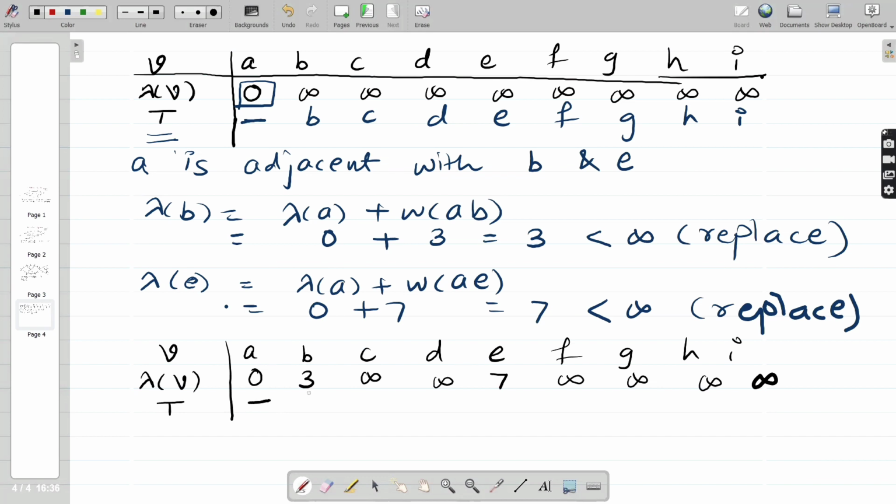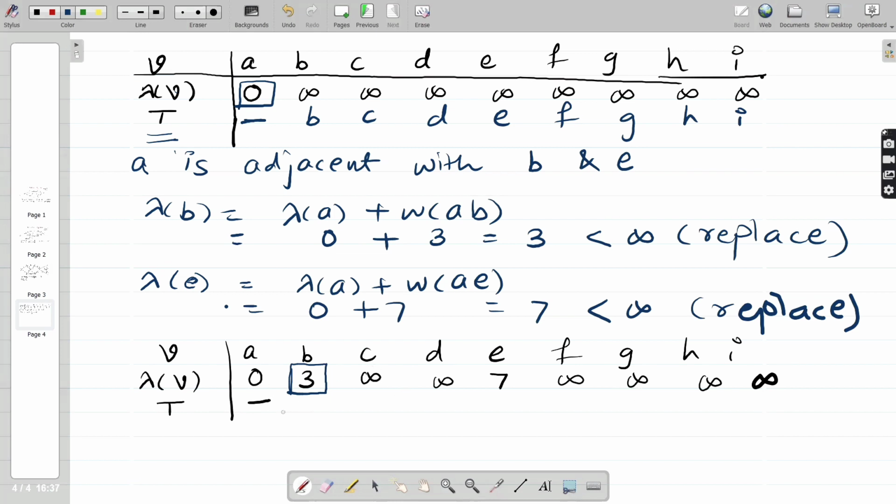Now here we had put a dash for the vertex A. So now from T, from these numbers, we will find the minimum number, and that is here: lambda B is minimum, that is 3.